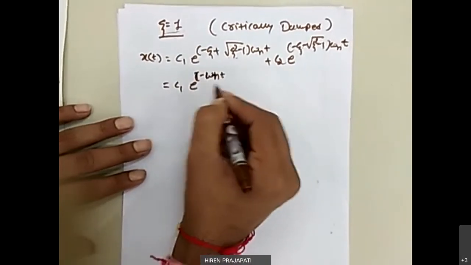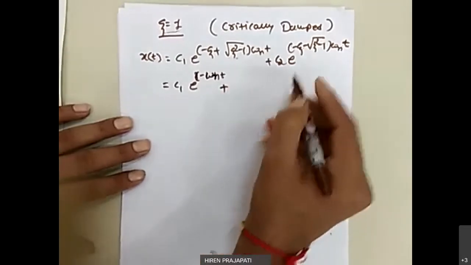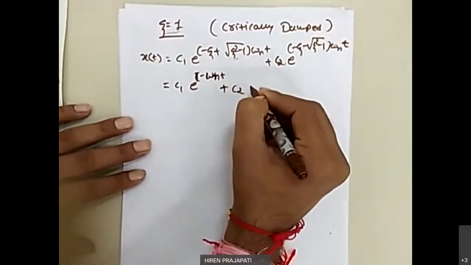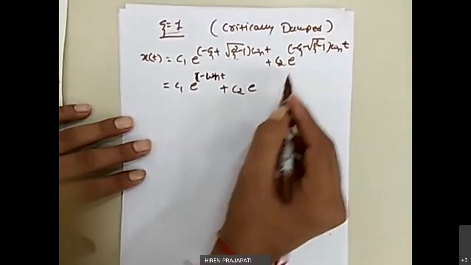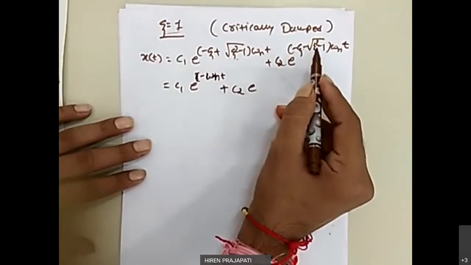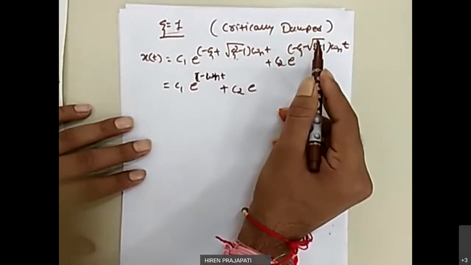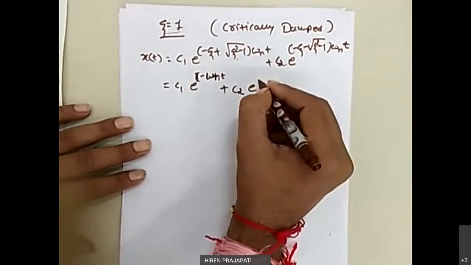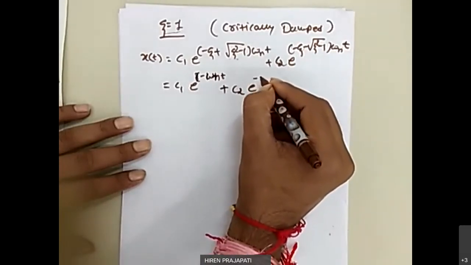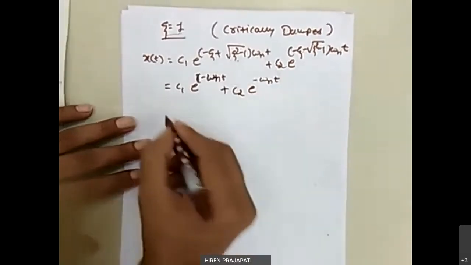C1 e raised to minus omega n t plus, do the same again for C2, so C2 e raised to, again this term becomes 0, then we again get minus omega n t.